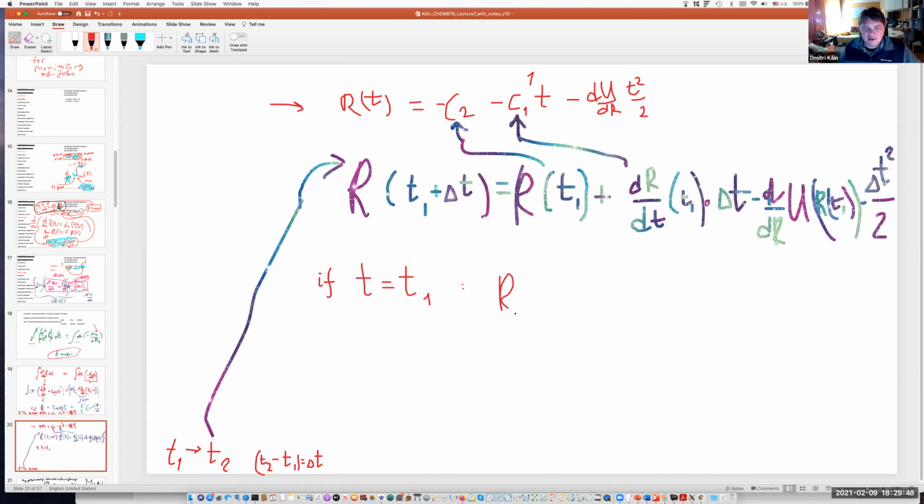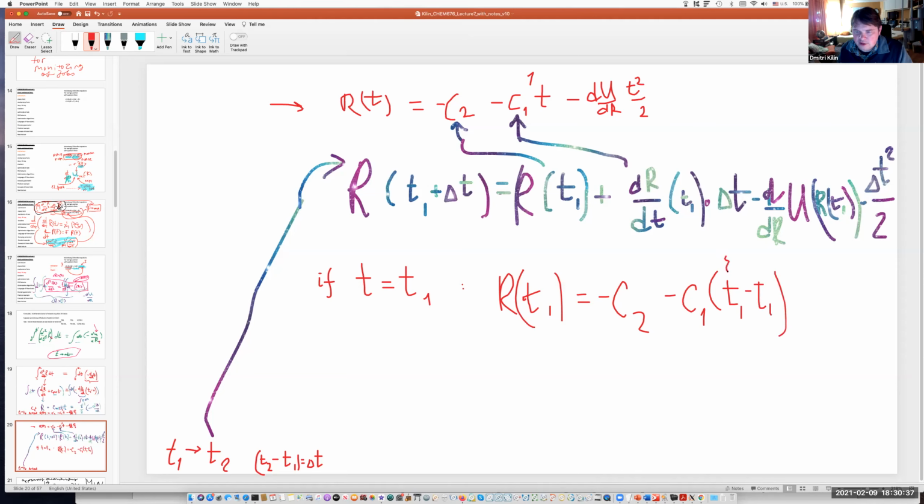Then we will obtain r of t1 equals unknown constant C2, minus C1 multiplied by t1 minus t1.